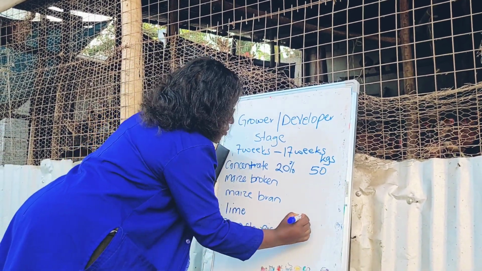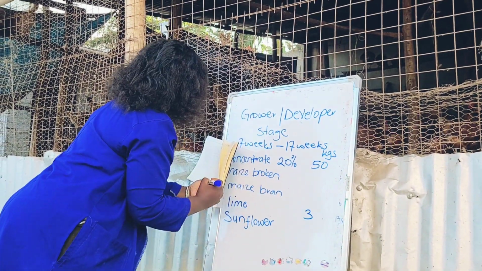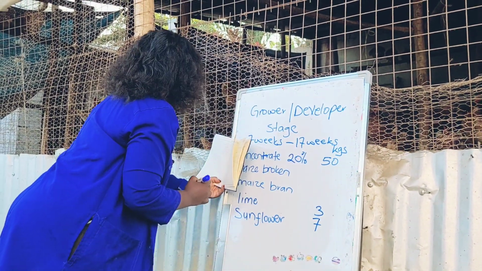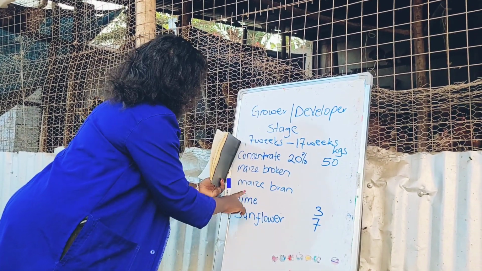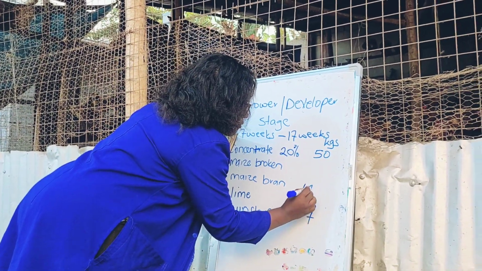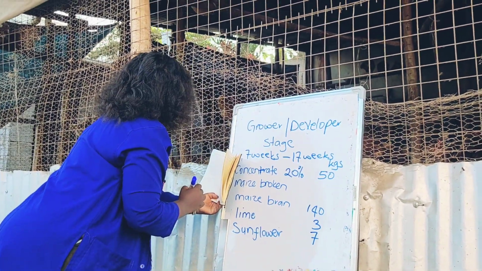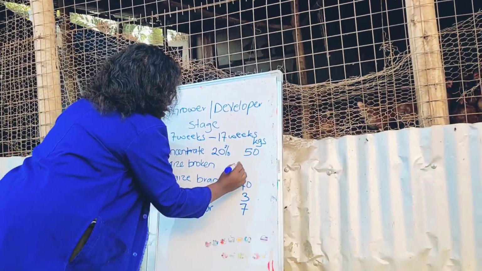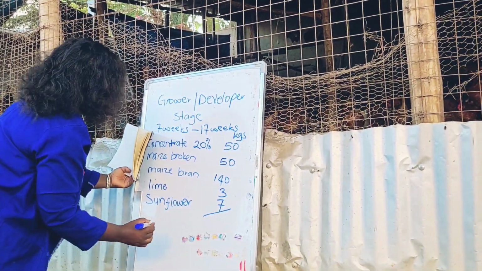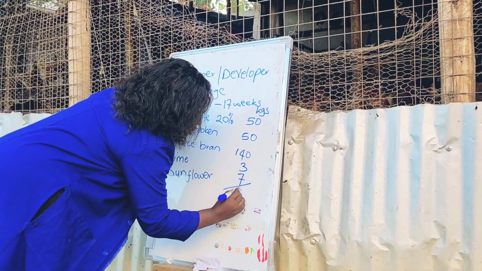Lime, CV, sunflower, silver, maize bran, maize broken 50, a total of 250.